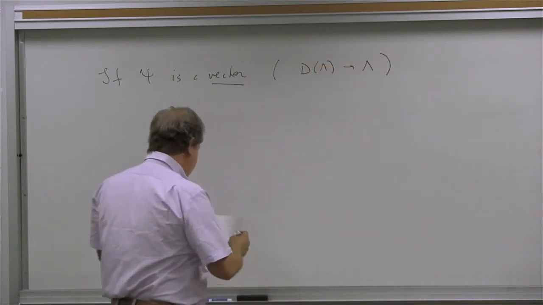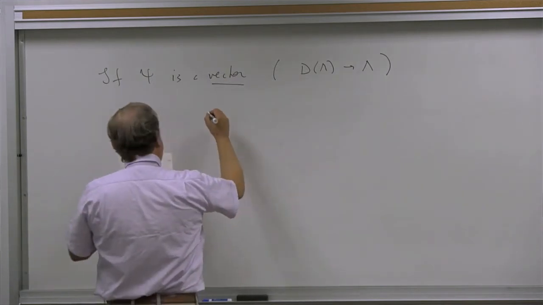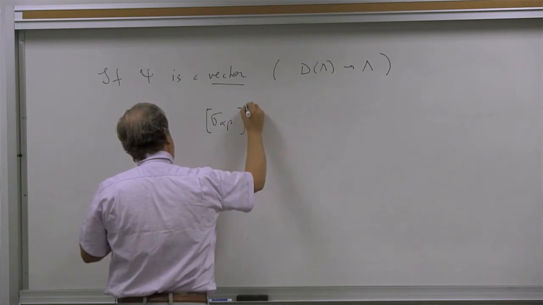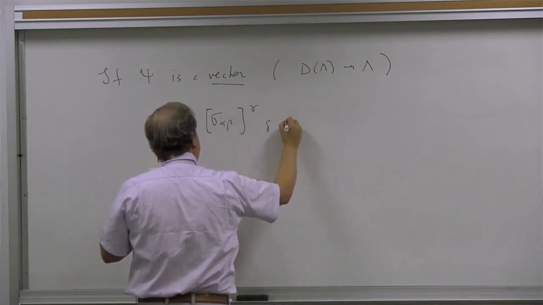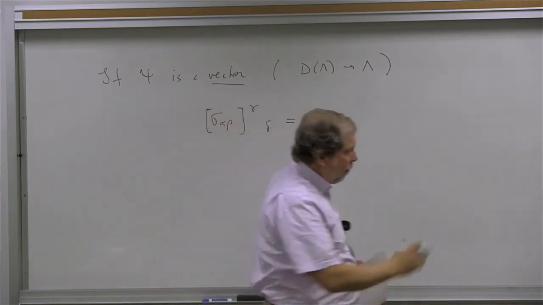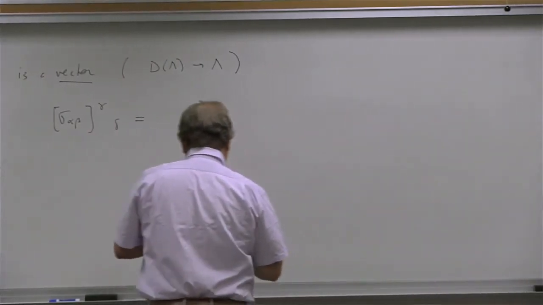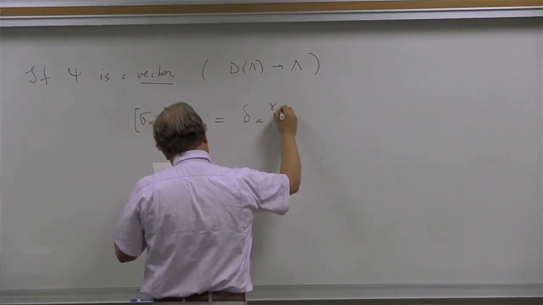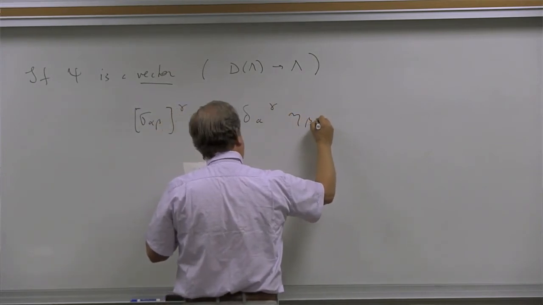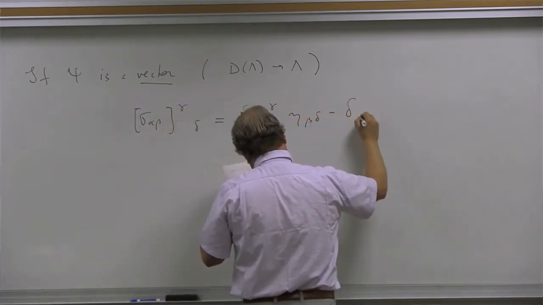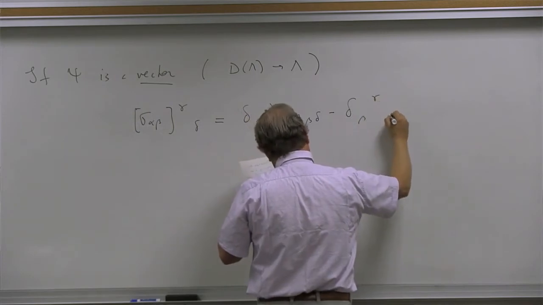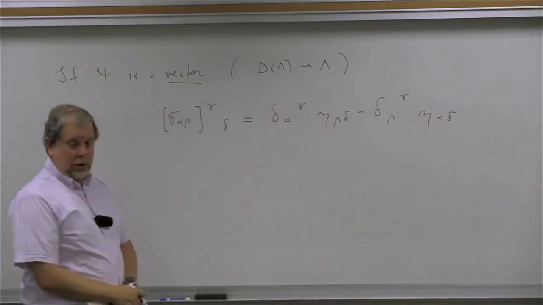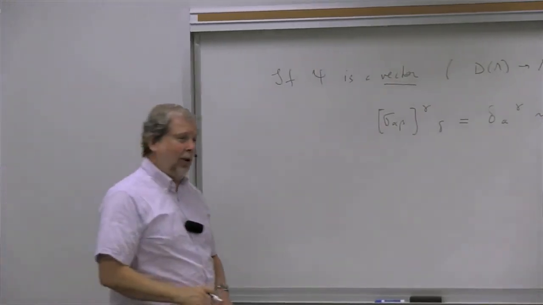And in that case, sigma alpha beta gamma delta, just from the rules of the Lorentz transformation, is equal to delta alpha gamma eta beta delta minus delta beta gamma eta alpha delta. Which looks pretty intimidating.